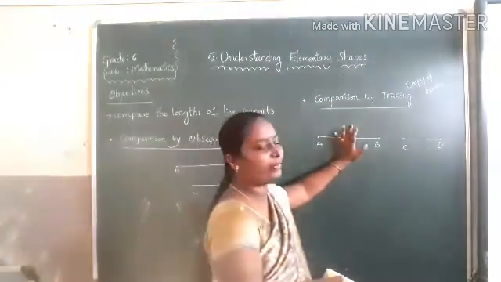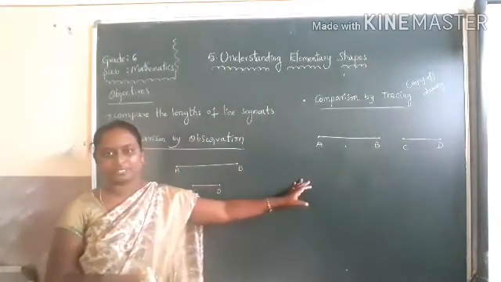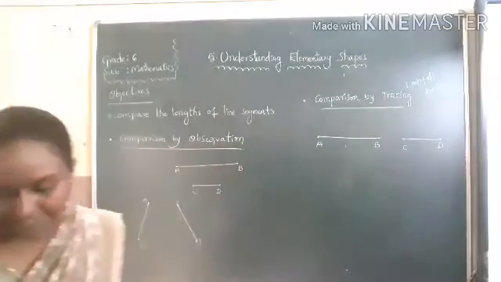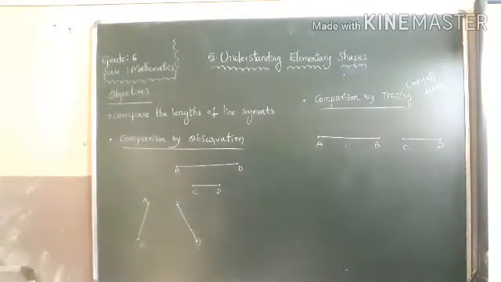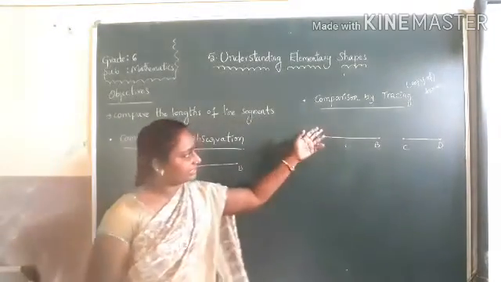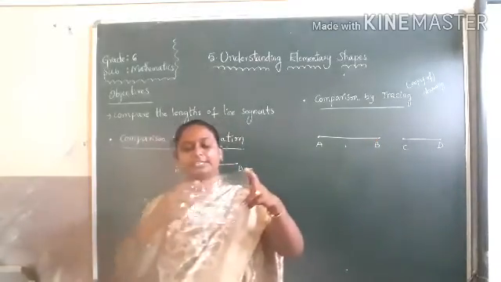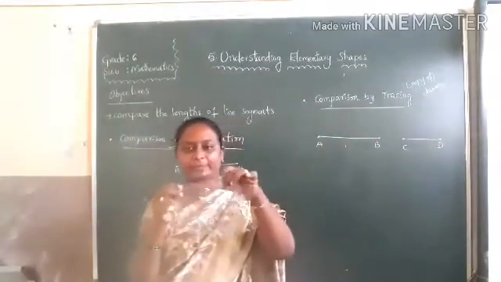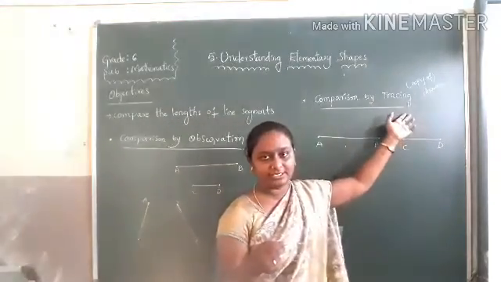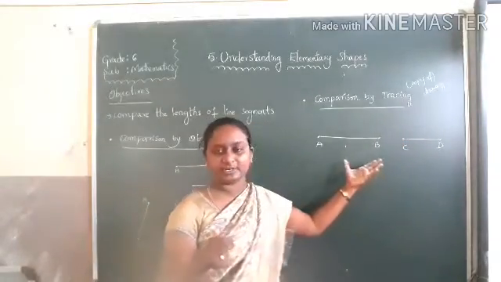By tracing, compare which line segment is longer. Now I will explain that. Since we are using comparison by tracing, here we use one tracing paper, one transparent paper. The meaning of tracing is a copy of a drawing, and with the copy we can say which line segment is longer.